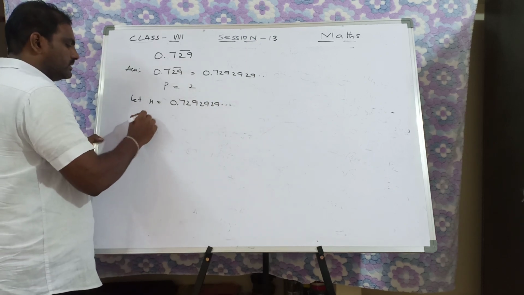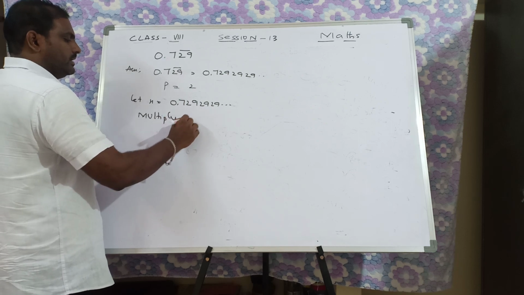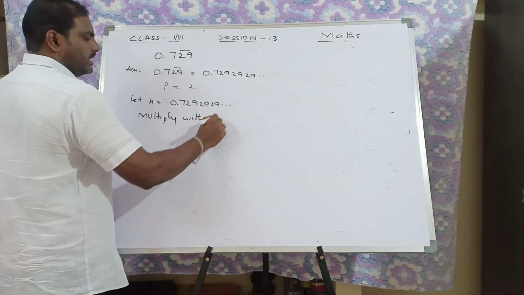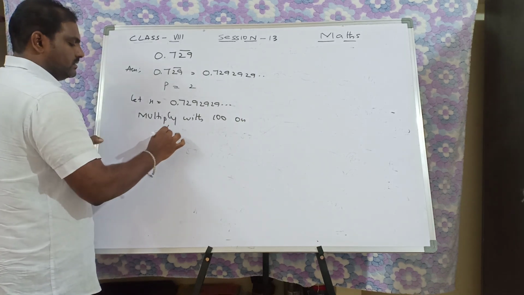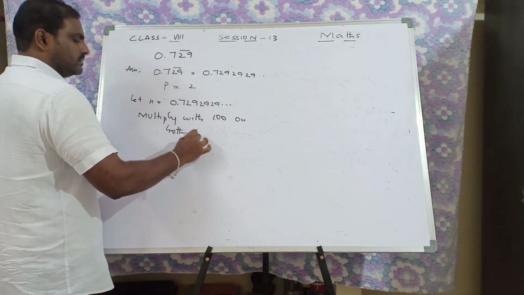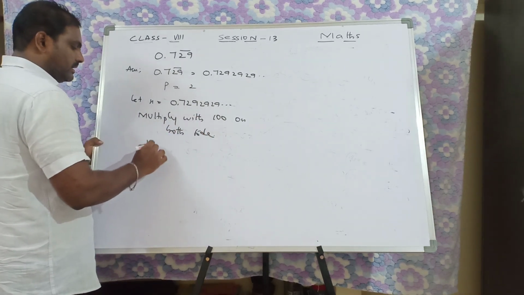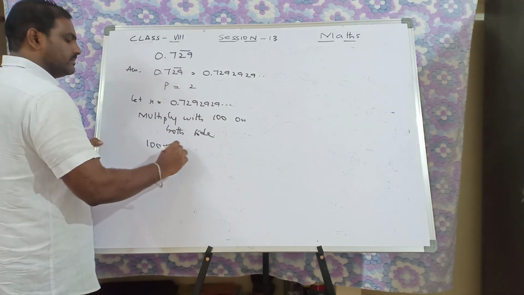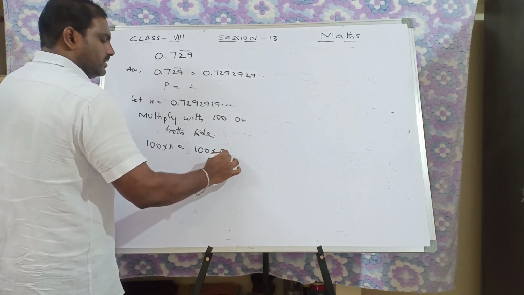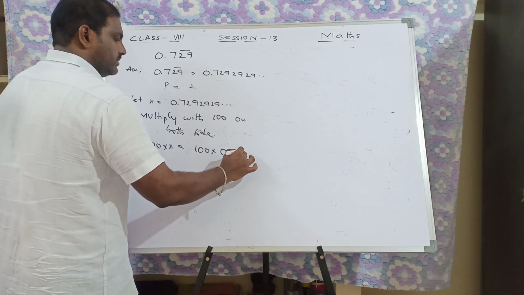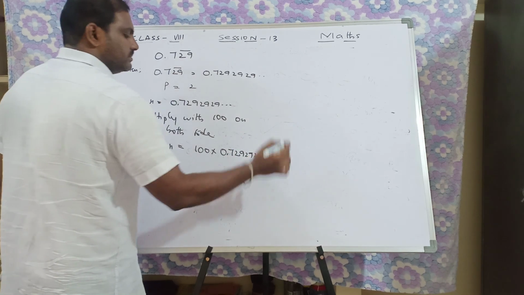Now what should I write? Since the period is 2, I have to multiply with 100 on both sides. Now what will you get? 100 into x equals 100 into 0.72929 and so on.